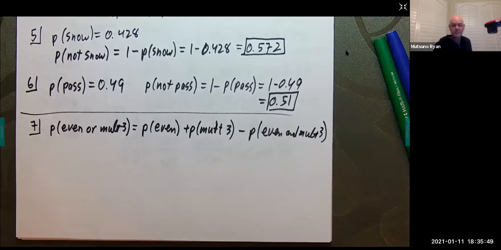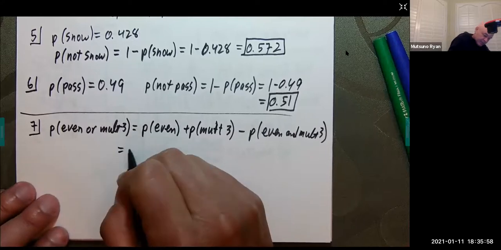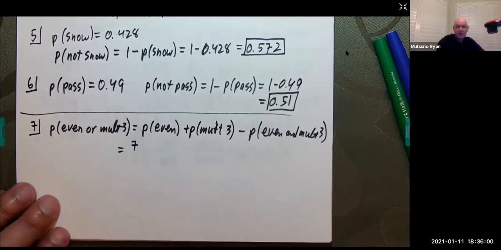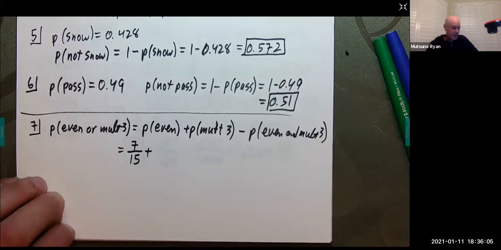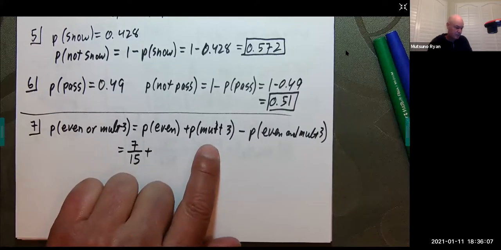So 1 through 15, how many even numbers are there? There's 2, 4, 6, 8, 10, 12, 14. There's 7 of them out of 15. How many multiples of 3 are there? Let's do this.